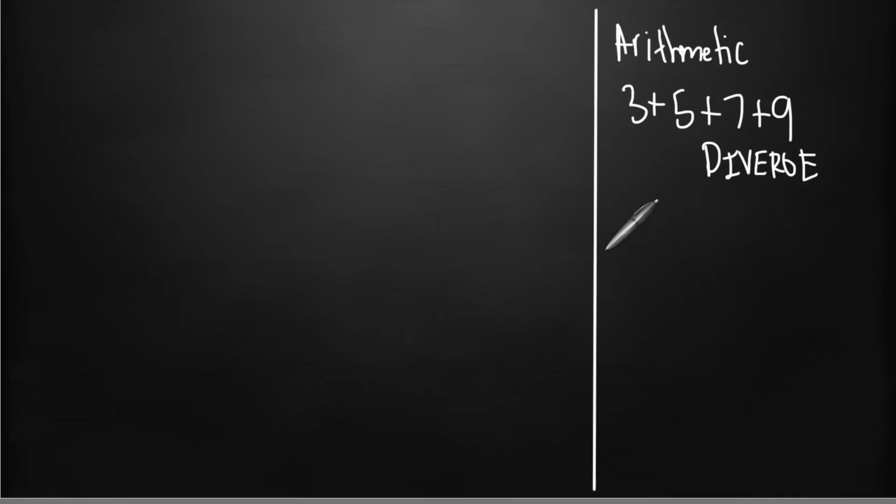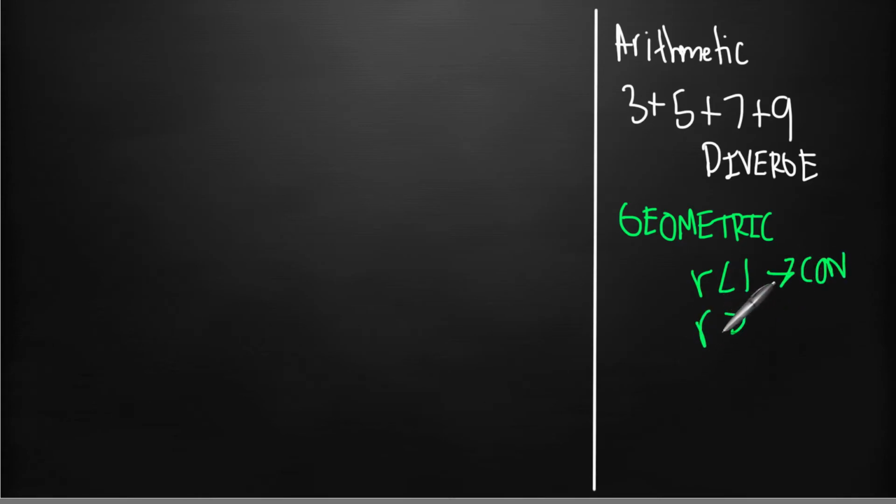All right, and then we also looked at a geometric series, and we established that if r is less than 1, it's going to converge, but if r is greater than 1, it's going to diverge. But the question is, what do we do when we come across a series that is not arithmetic and it is not geometric?